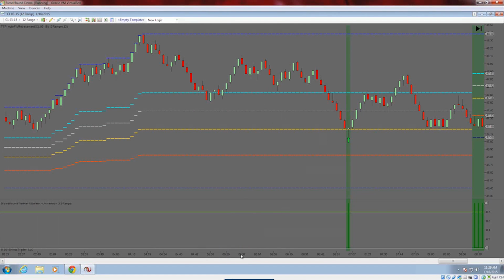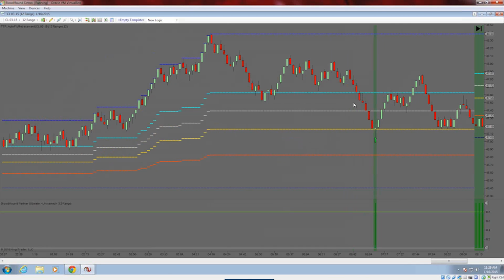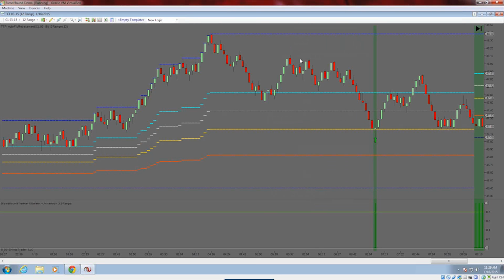So remember, if the 50% is above the 61.8, the trend is up. That means I have 0% at the top, 100% at the bottom. Remember, 0 is blue, 100% is dark blue, navy. So if 0 is at the top and 100% is at the bottom, the trend is up.